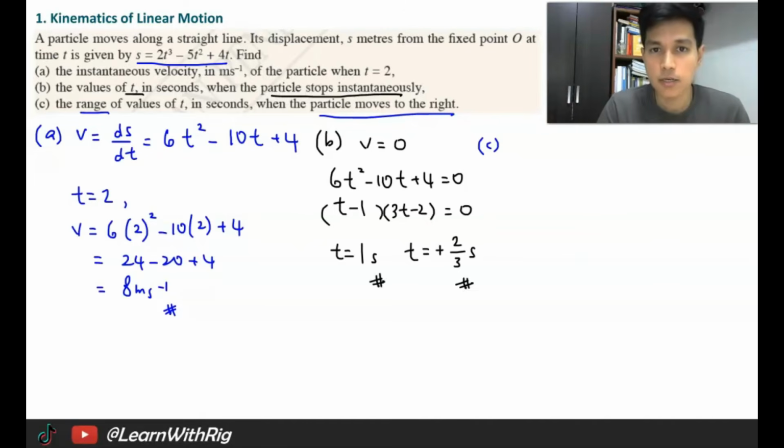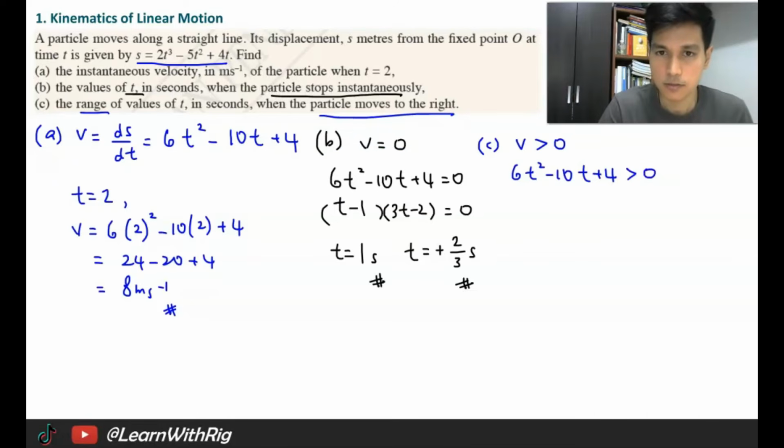So in this case, they said move to the right. So that means your velocity is positive, right? So it's more than 0. Okay, more than 0. So you will get 6t squared minus 10t plus 4 more than 0. So it's actually the same as this. It's just that this one has an inequality.